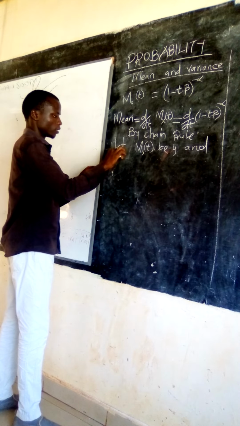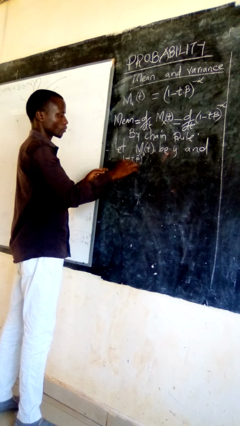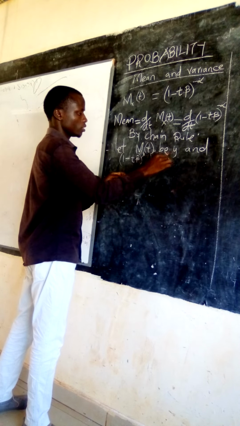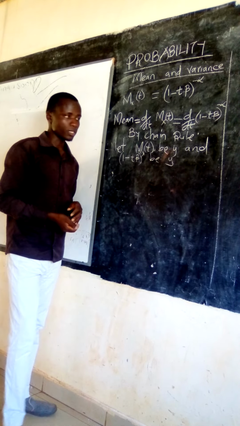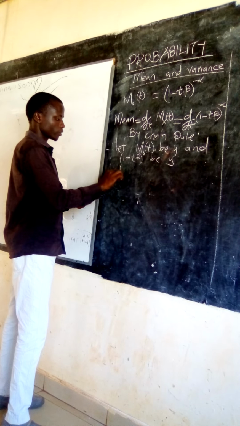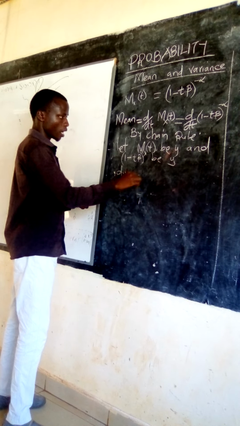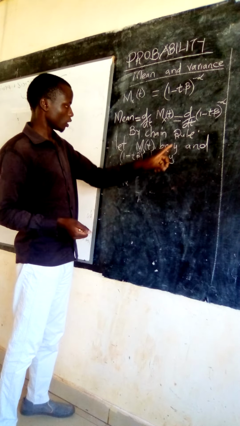Remember, the function inside the bracket is 1 minus t beta, be u, so that from here I can now get my dy/du. How can I get dy/du?